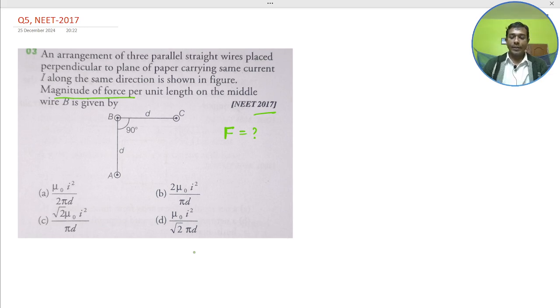So this is a straight wire and the force would become, I just show here, this would be the F resultant.